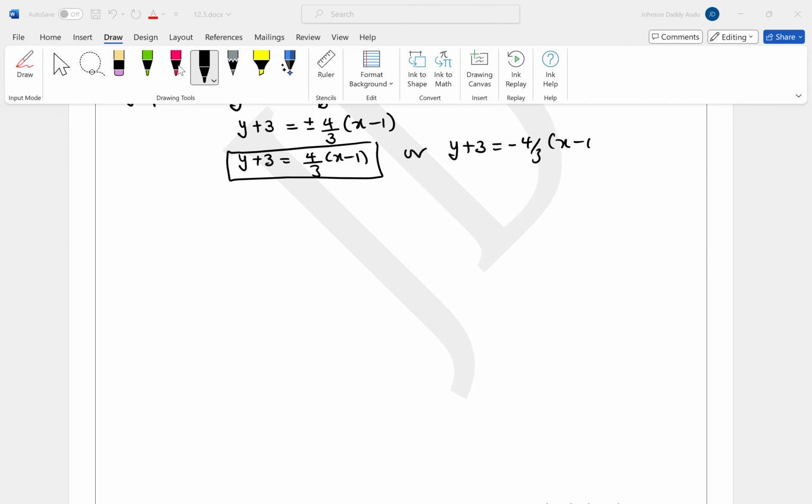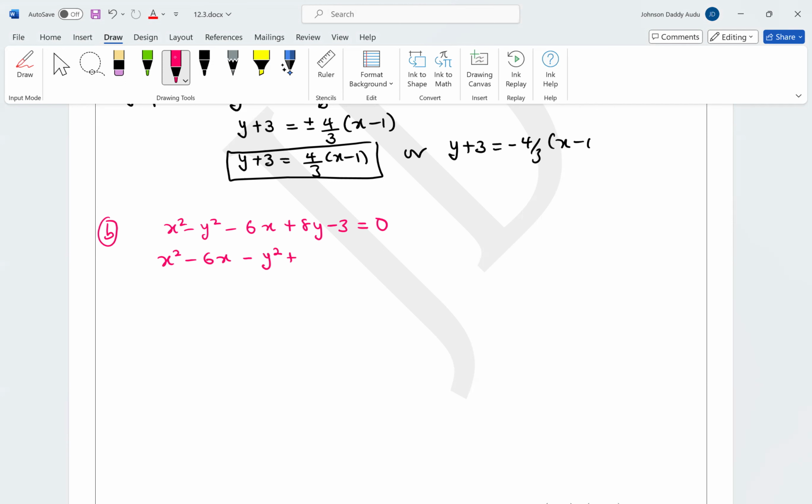All right, so we take the second question, which is B, and it's giving us x squared minus y squared minus 6x plus 8y minus 3 equals 0. So this also, we just put the x's together, and this is equals to 3.